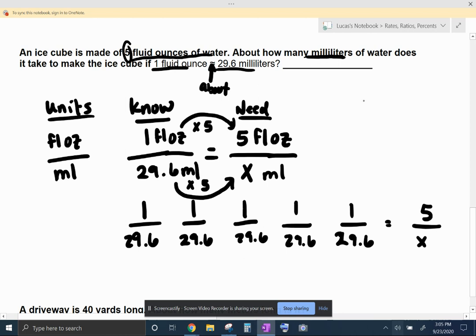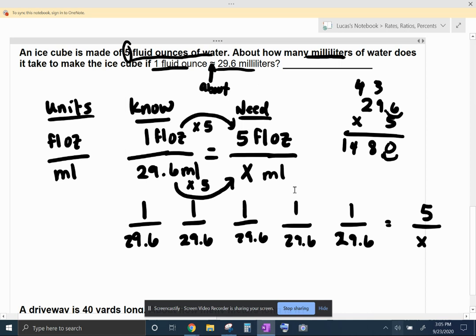So I'm going to take 29.6 times 5, which gives my answer of 148 milliliters.